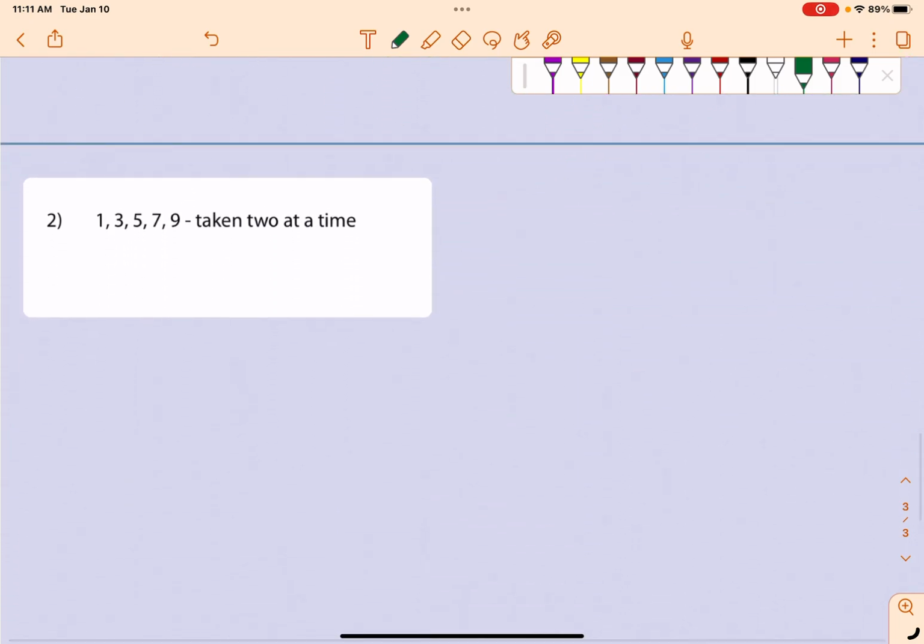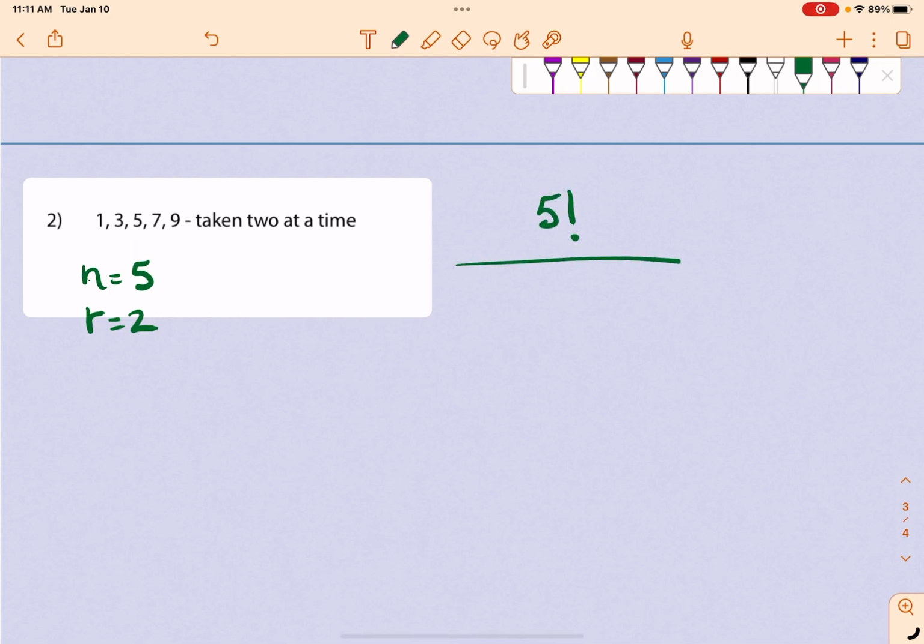So I have the numbers of 1, 3, 5, 7, and 9. So I have 5 total numbers, and they want to see how I can group them in groups of 2. So r is 2. So let's see, 5 factorial over 2 factorial, 5 minus 2 factorial.